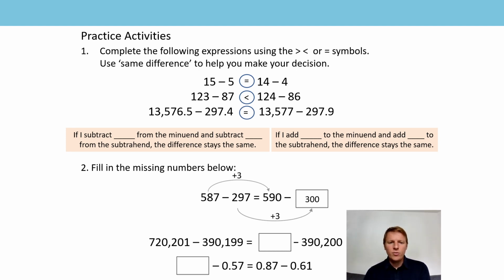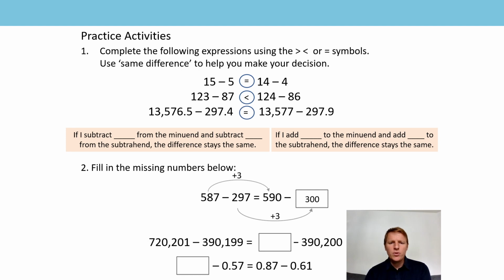Let's look at the second one. 720,201 subtract 390,199. Now, we don't know the minuend of the second expression, but we do know the subtrahend. So let's compare them. We've got 390,200.